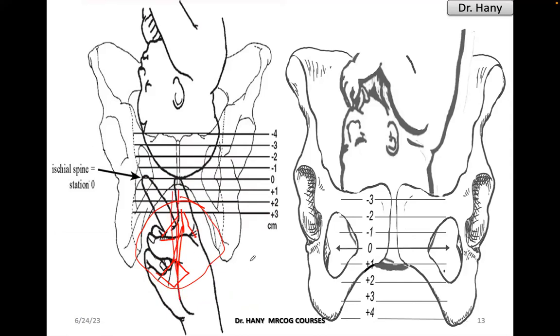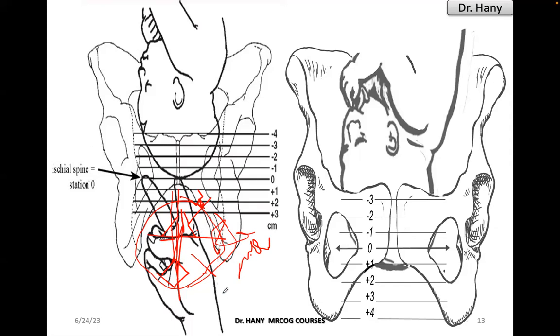So non-rotatory forceps, up to 45 degrees, non-rotatory forceps. But transverse or posterior, occipito-posterior, or occipito-transverse, left occipito, all this more than 45 degrees, it is rotatory. I need rotatory: Kielland's and rotatory ventouse, manual rotation. Any rotatory will be in the theater, except when it is well below the ischial spine.